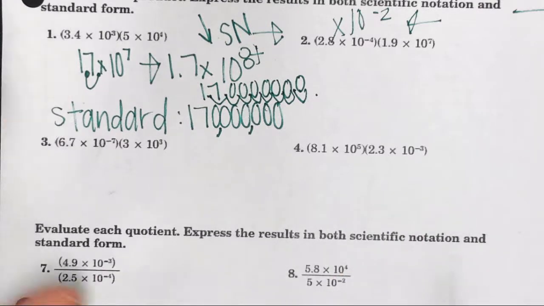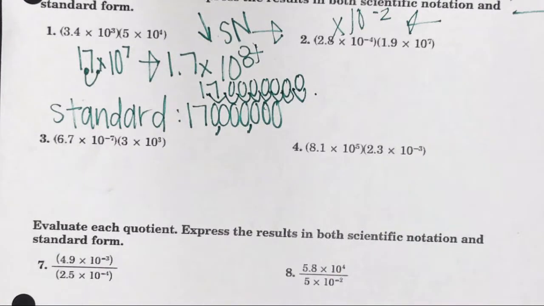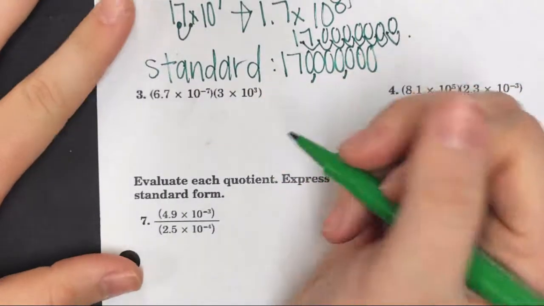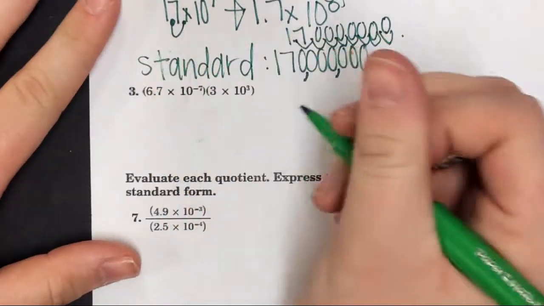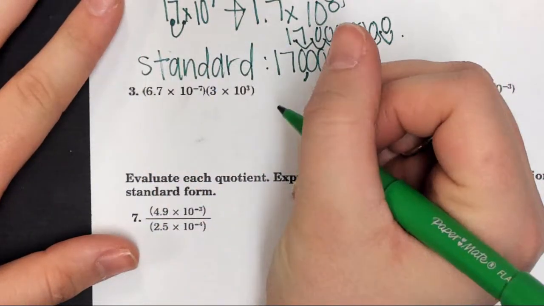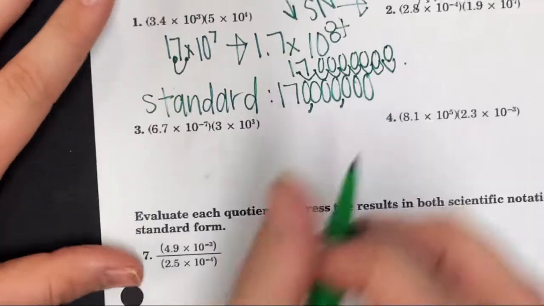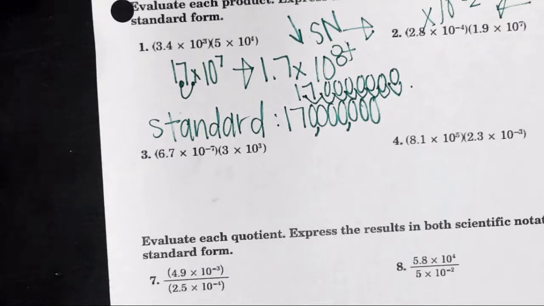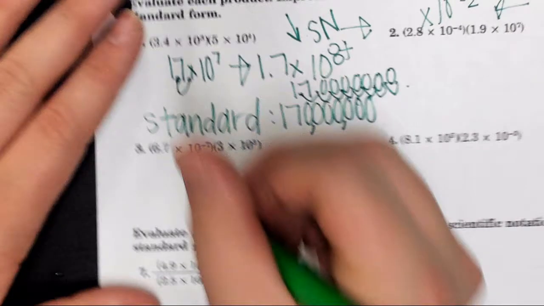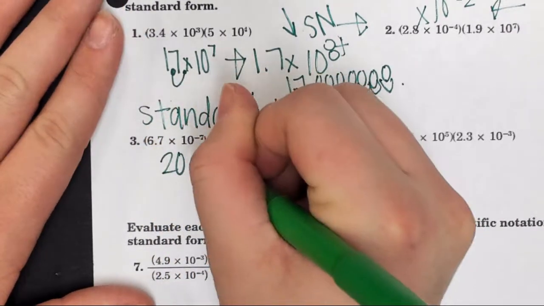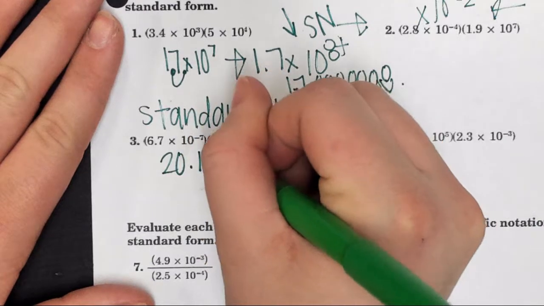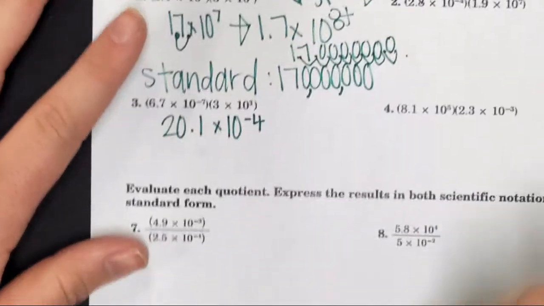Okay? I think a lot of people use their calculators too. I got a decimal for number 3. You got a decimal for number 3? It's like 0.002. What is 6.7 times 3? 20.1. Thank you. That's what I was looking for. Okay, but when you add your exponents, you get 10 to the negative 4th.